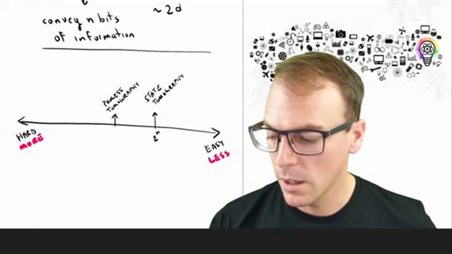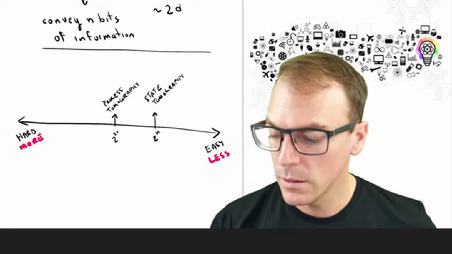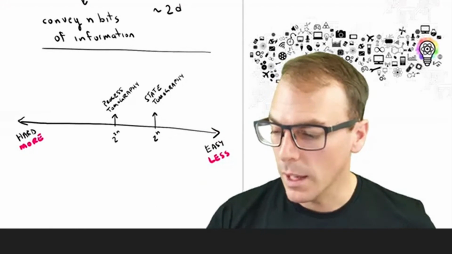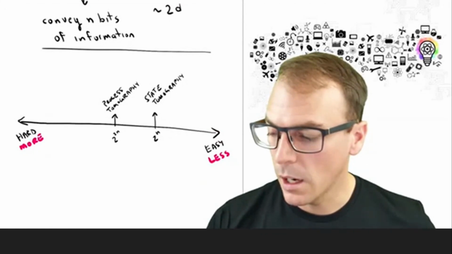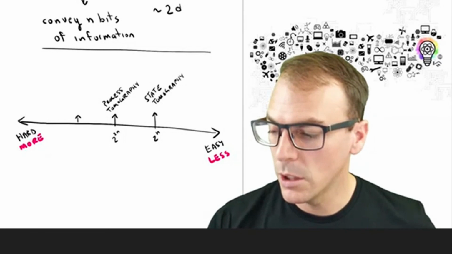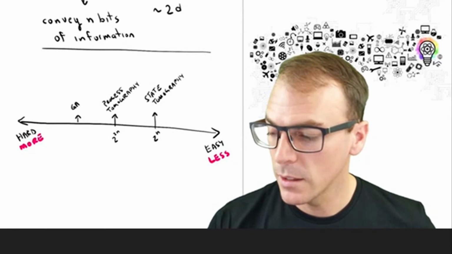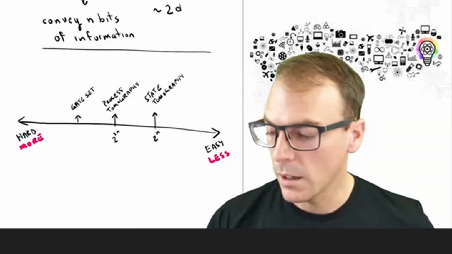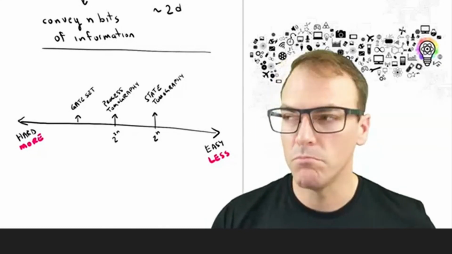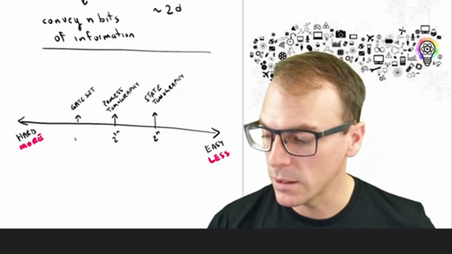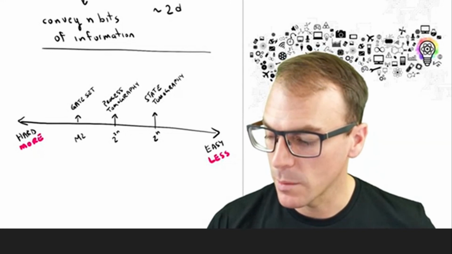So I need 2 to the 2n. And I might want to know an entire gate set. If I have, let's say, m gates, then this is m times 2 to the 2n, right?